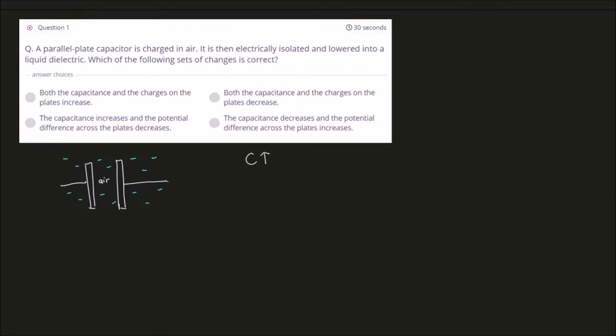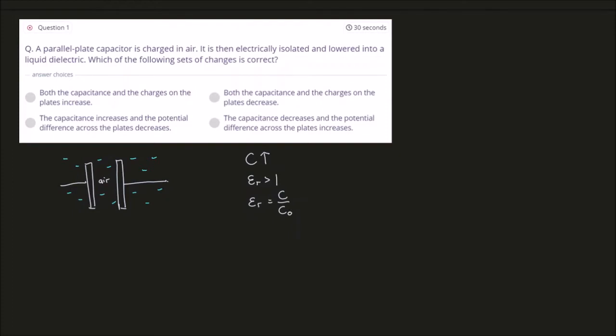Why? Because dielectrics come with a relative permittivity. This relative permittivity is more than 1, and it also represents the ratio of the capacitance C with dielectric divided by the capacitance C0 without dielectric.